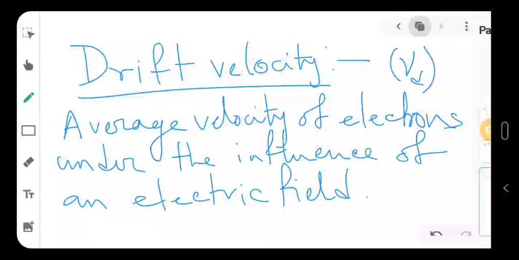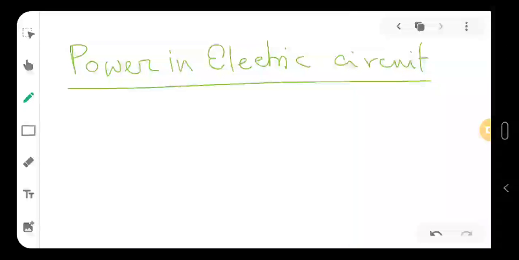Now after this topic, what will come is power in electric circuit. When there is a resistance and the charge is flowing, the charge dissipates some of its energy, because I have said that charge wants to go from a higher energy level to a lower energy level.